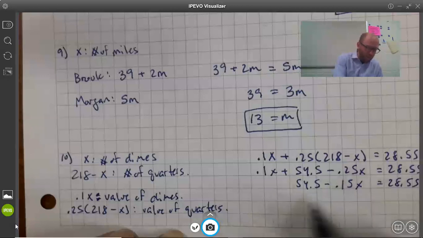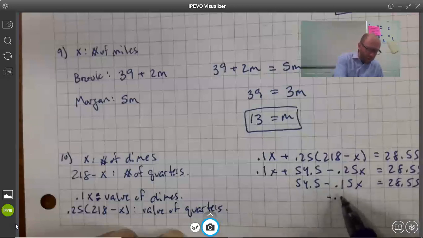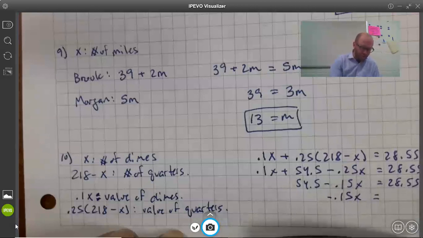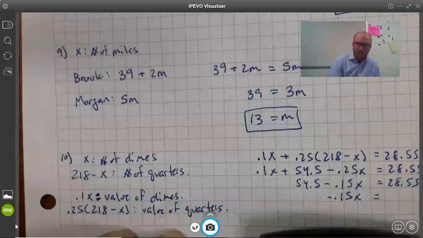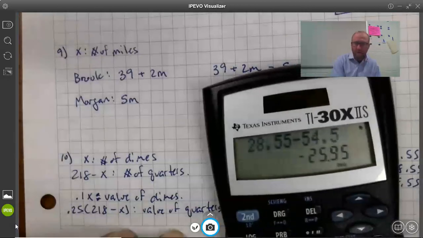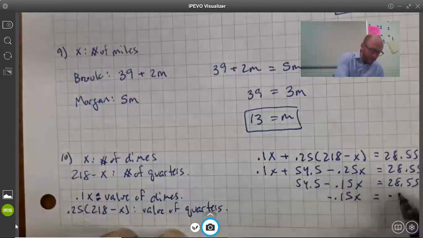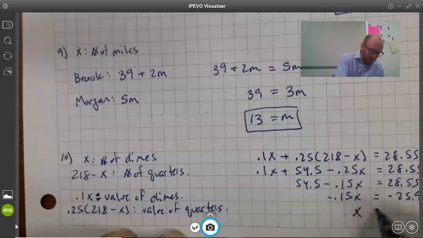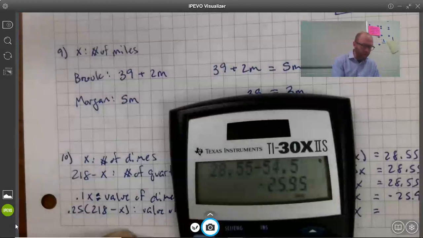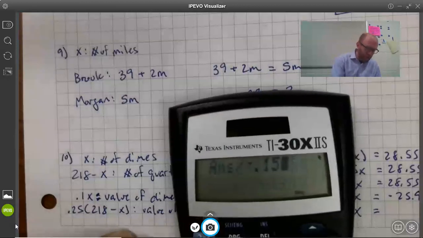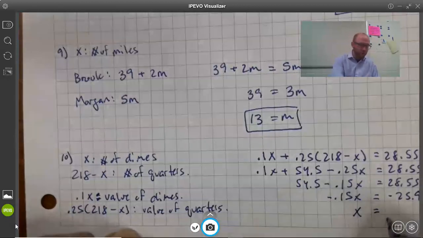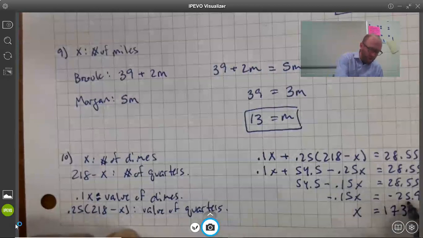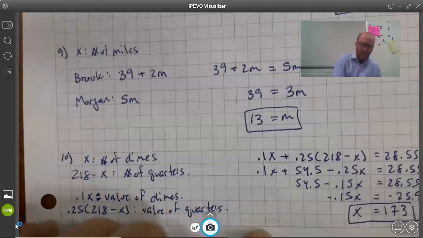We will subtract 54.5 from each side. 28.55 minus 54.5 is negative 25.95, and then divide by negative 0.15 on each side, and that gives us 173 dimes. And we're done.